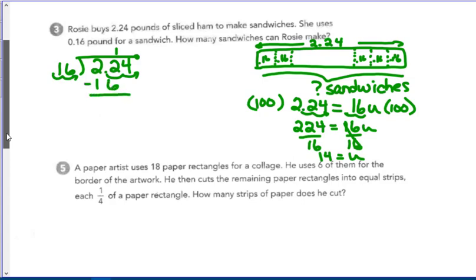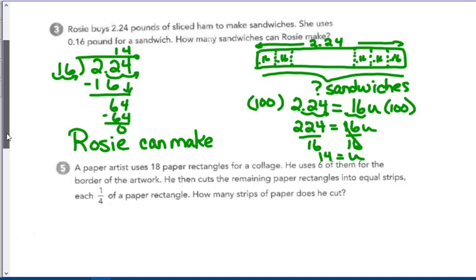I'm doing the traditional algorithm. When I subtract, I get 6, bring down the 4, and 16 goes into 64 4 times, and I get a remainder of 0. So Rosie, I'll just use her name in my sentence, Rosie can make 14 sandwiches.